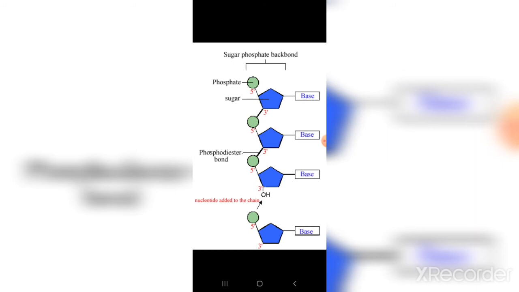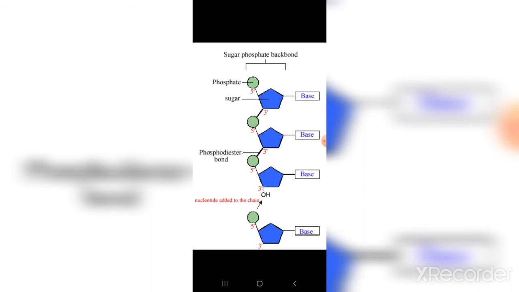In the third carbon, the reaction takes place with the second nucleotide, that means the phosphate group of the second nucleotide reacts with the third carbon.